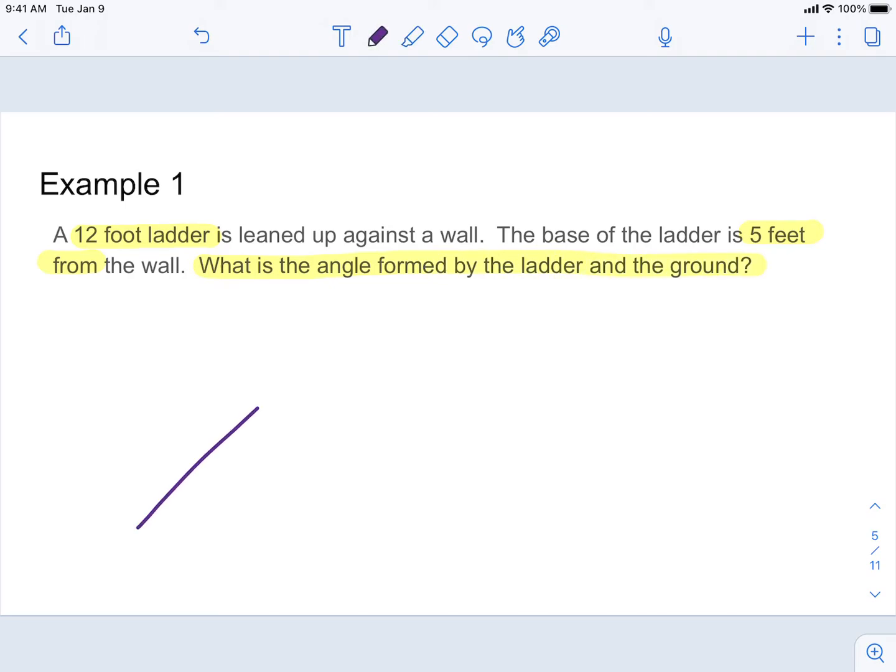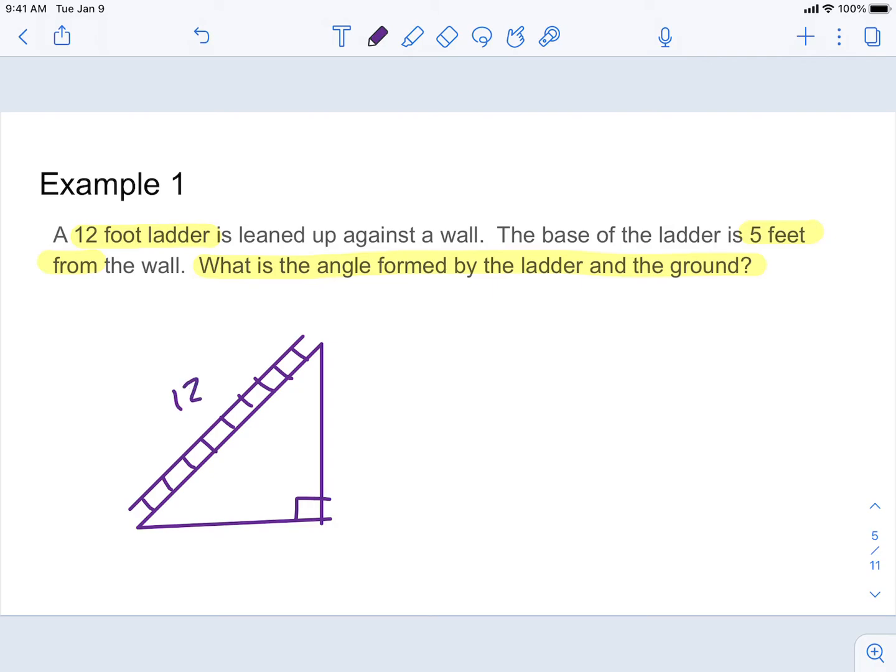So when I set this up, I can start out with just sort of a generic right triangle. And just to highlight, a ladder, right? This is my ladder leaning up against the wall. Obviously not to scale, that's not super important though. Okay, so we've got a 12-foot ladder.